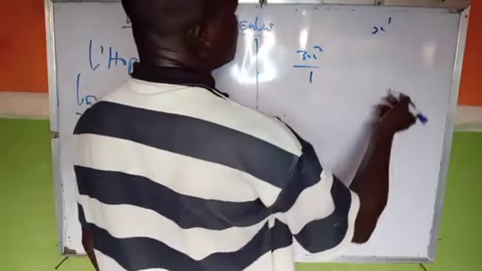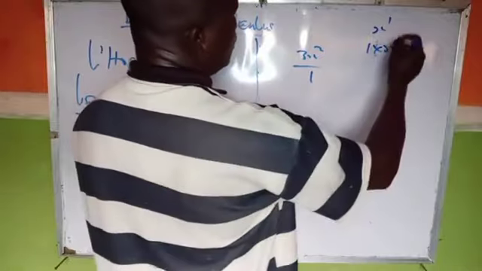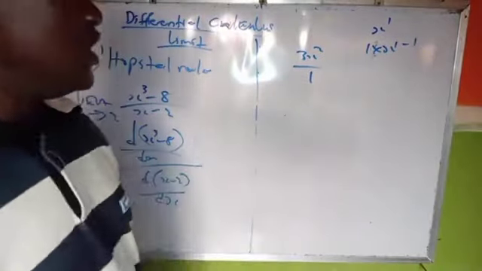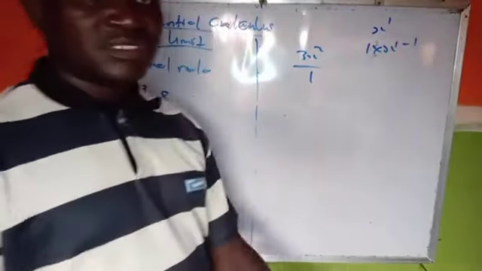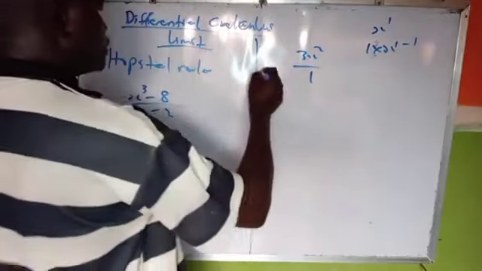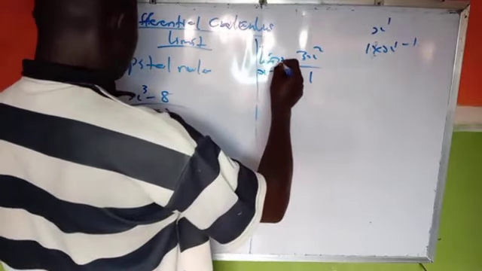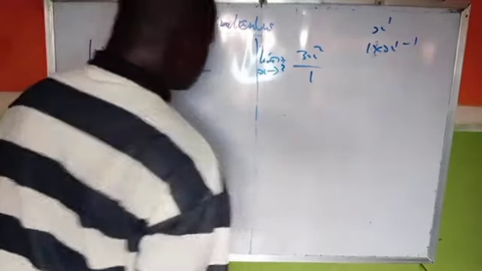X raised to power 1: if you bring the 1 here, you have 1 times x raised to 1 minus 1, which is 0. Anything raised to power 0 is 1, and 1 times 1 is 1. So here you have the limit as x tends to 2.